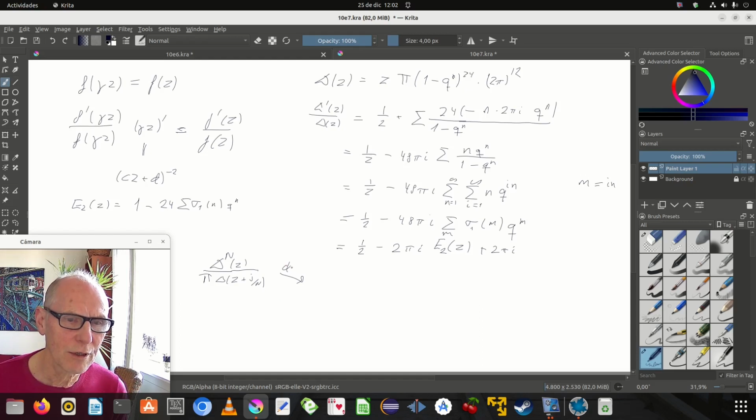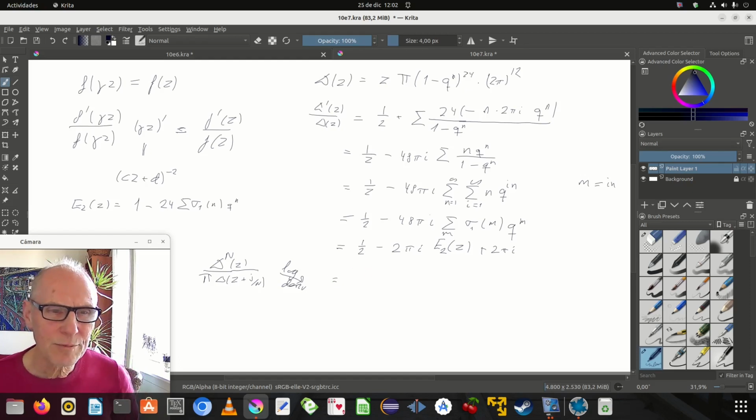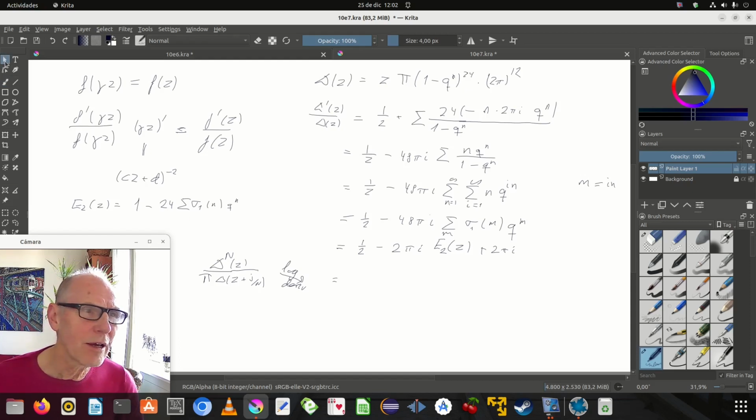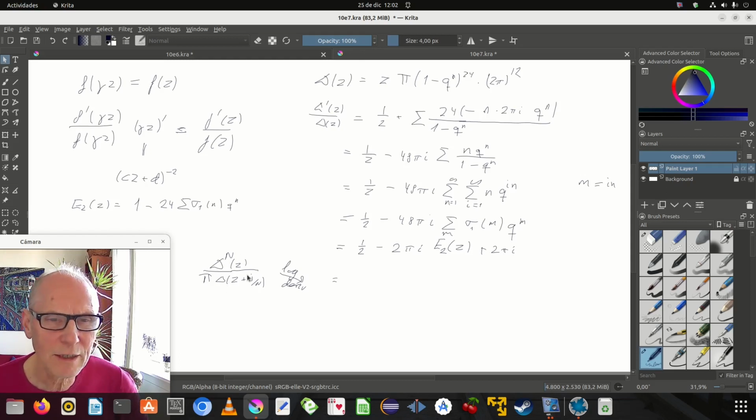So the logarithmic derivative, so we get n halves, or the constants, they cancel because there are n adding and n subtracting.